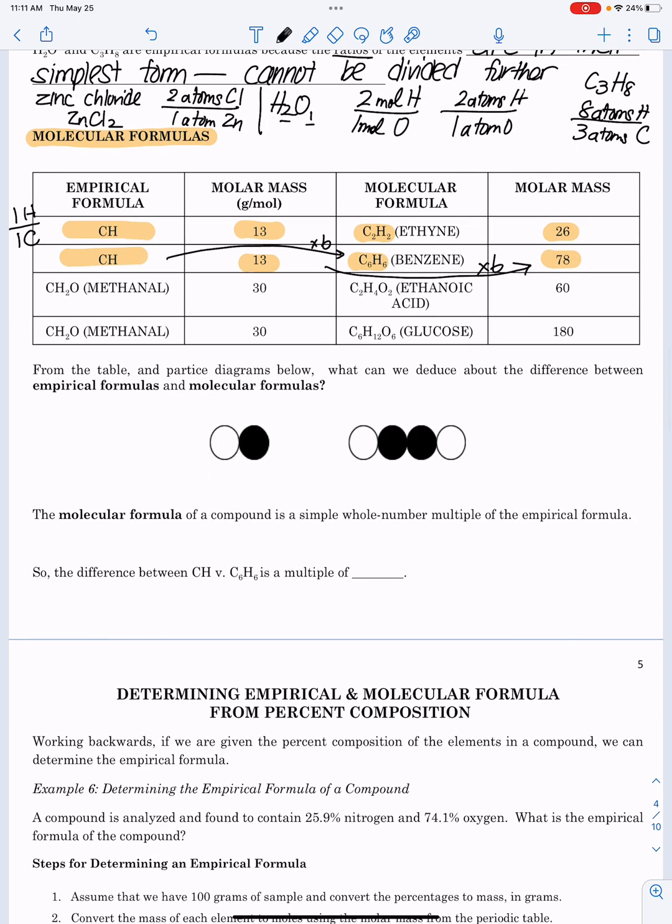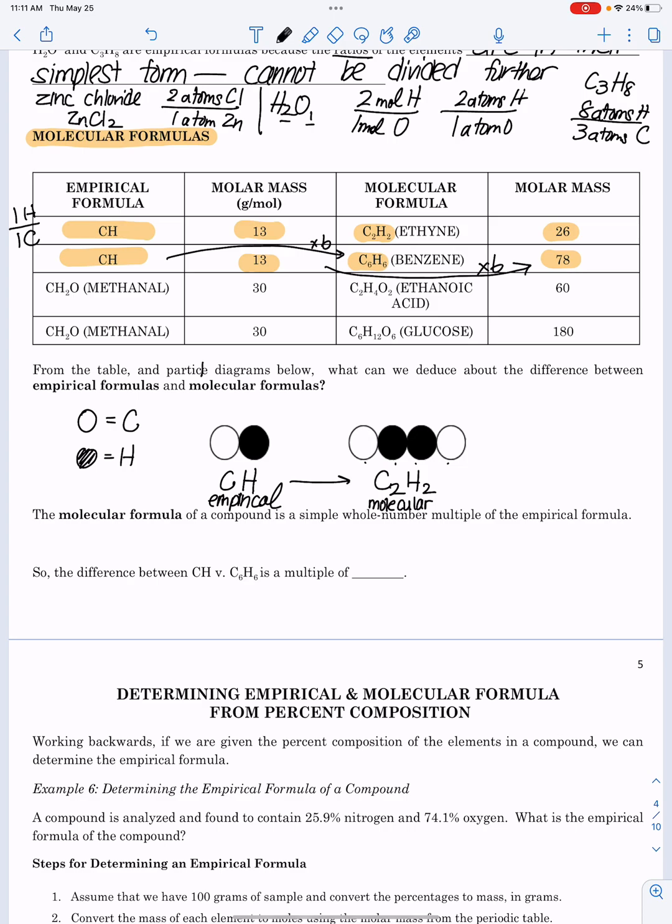From the table and particle diagrams below, what can we deduce about the difference between empirical formulas and molecular formulas? Let's say this was CH, so this is C, and let's say the shaded circle is H. This would be CH. This is an empirical formula. But look at this other formula. This looks like it has 2 C's, 2 H's. This is what we're going to call a molecular formula.